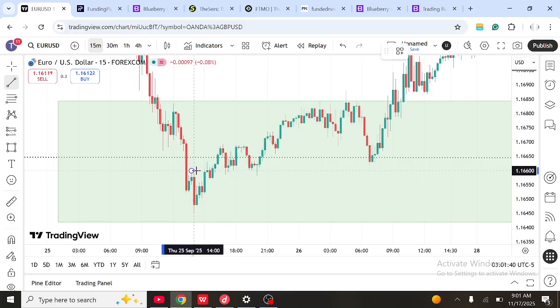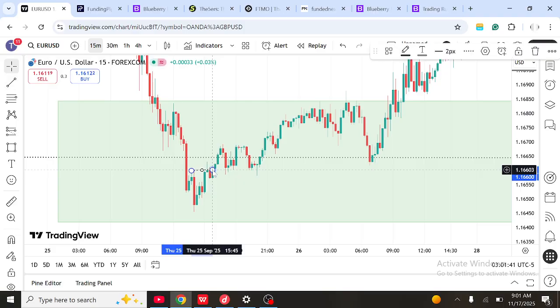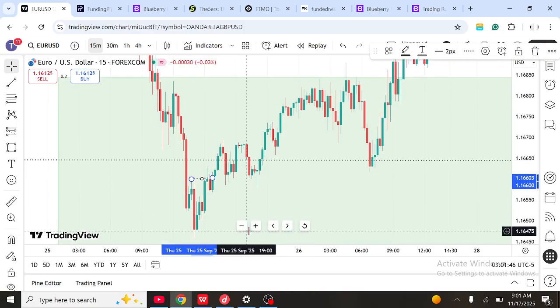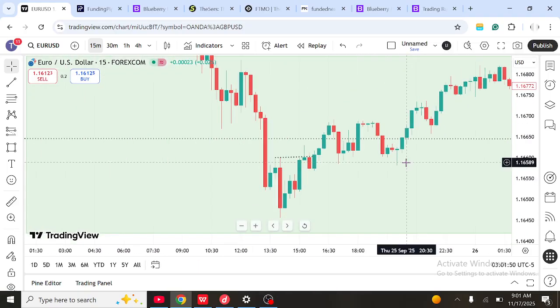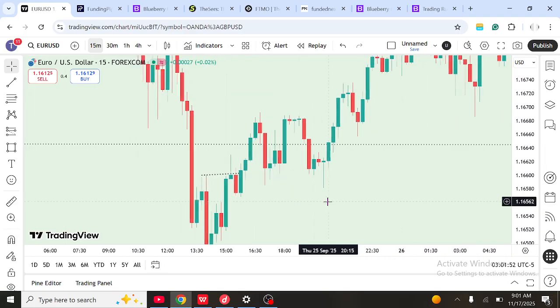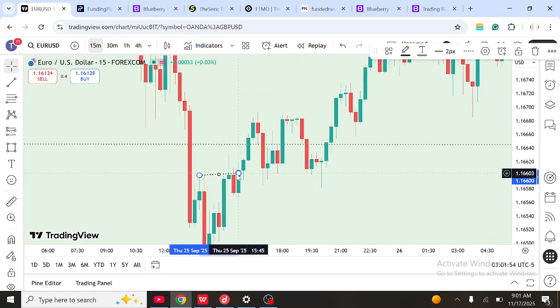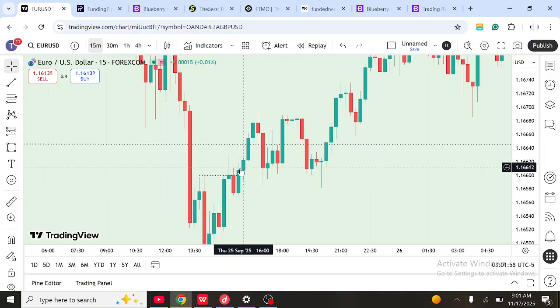So when this was taken out, let's look for which level took it out. So this is a candle that took out this level here.